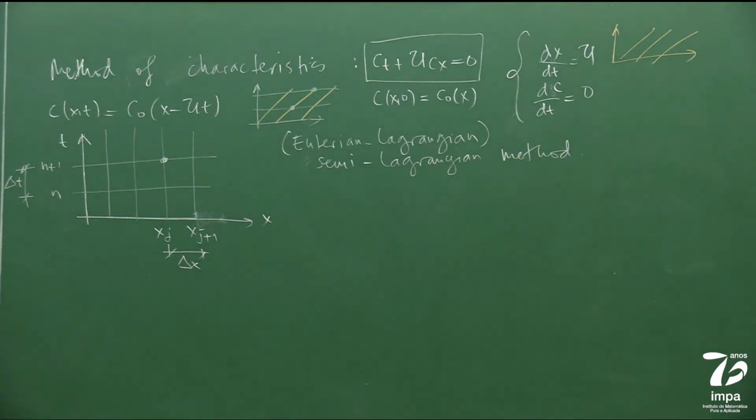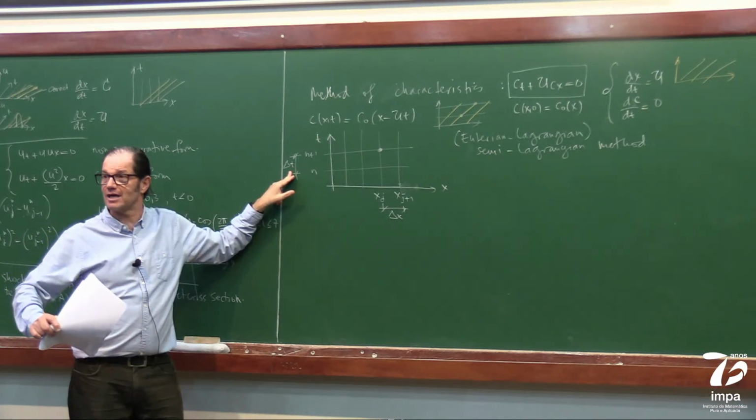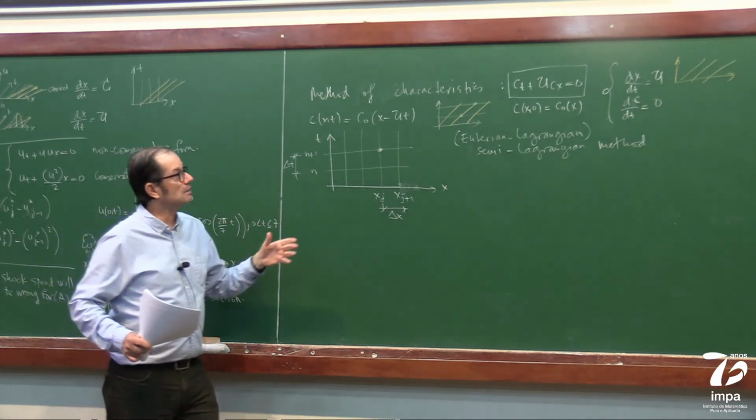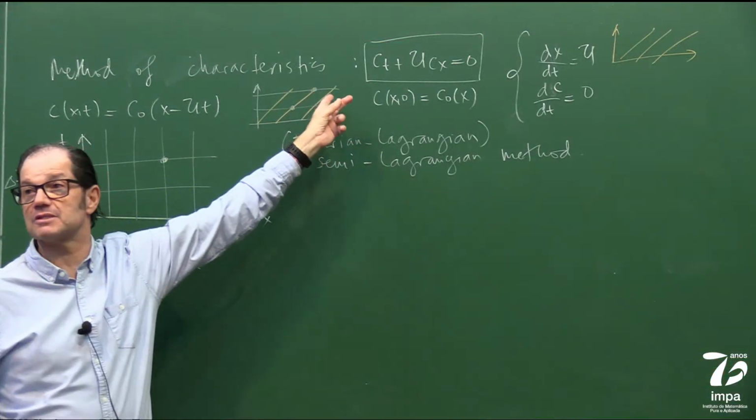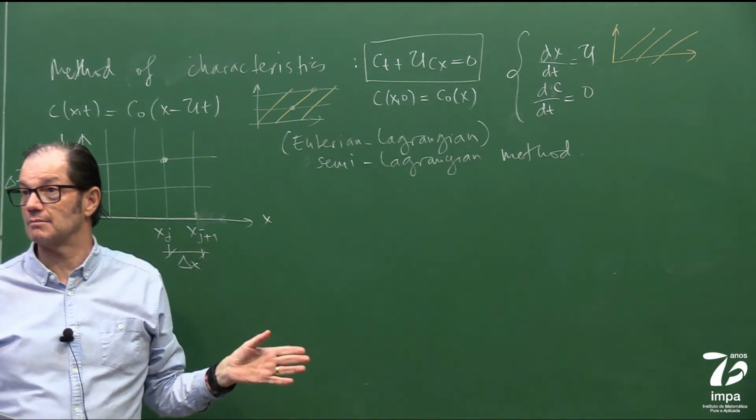Note that if I have delta x over delta t exactly equal to u, if I have the numerical speed exactly equal to the theoretical speed, then in the method of characteristics nothing happens. The dynamics is silly. It's just that the value is constant over this orange line.